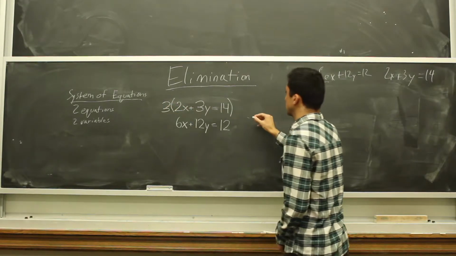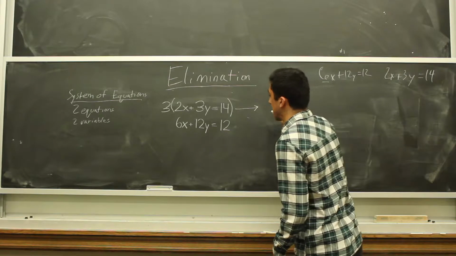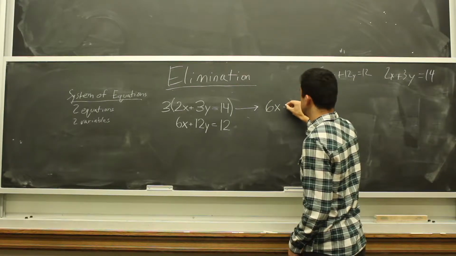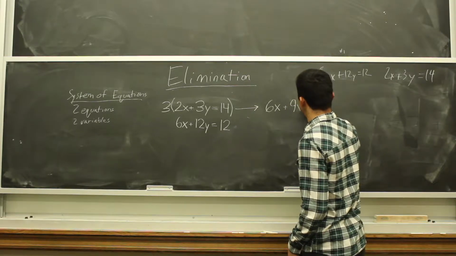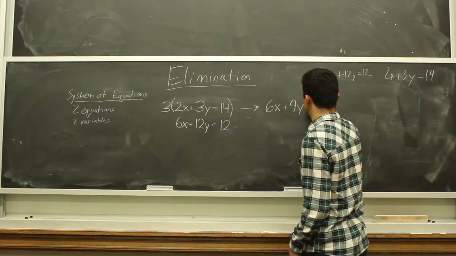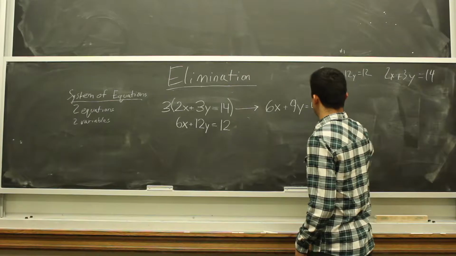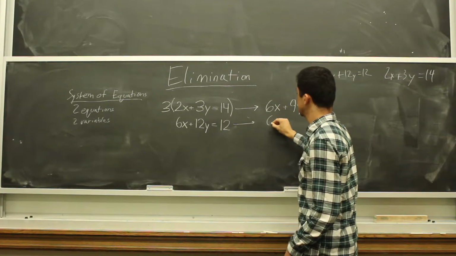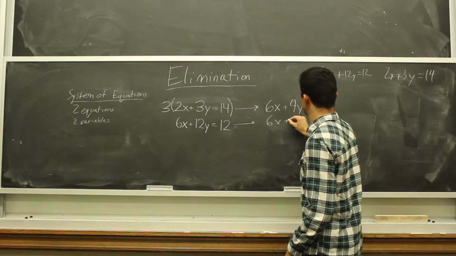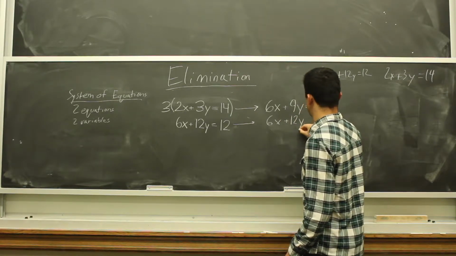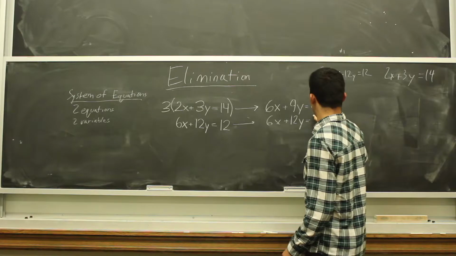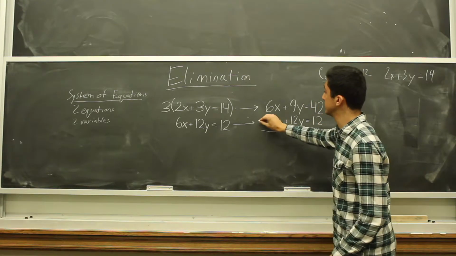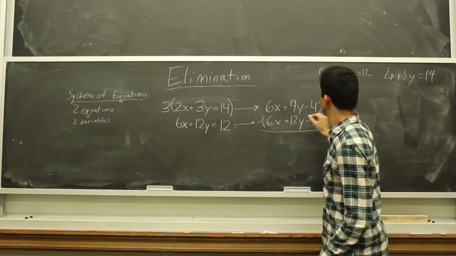So when we do that, we're going to get 6x plus 9y equals 42. And then on the bottom, we're just going to leave that one the same. Bring it over. It's 6x plus 12y equals 12.